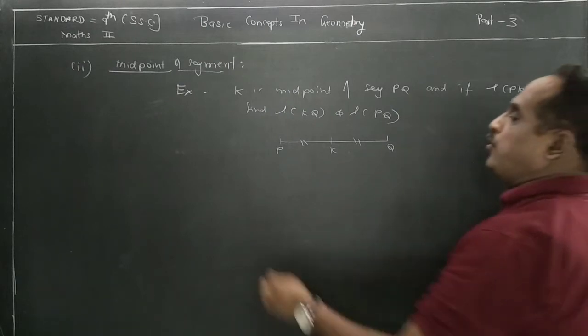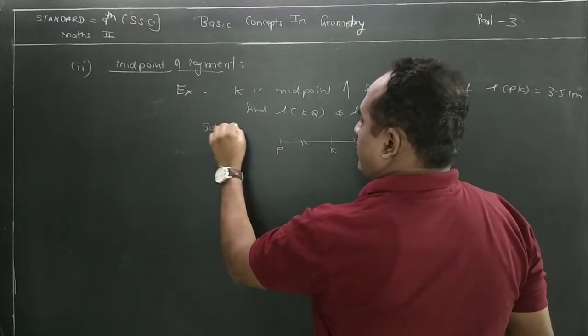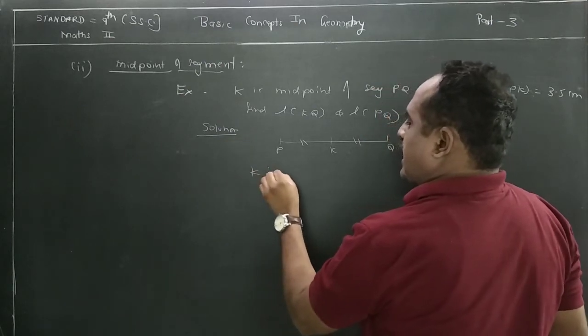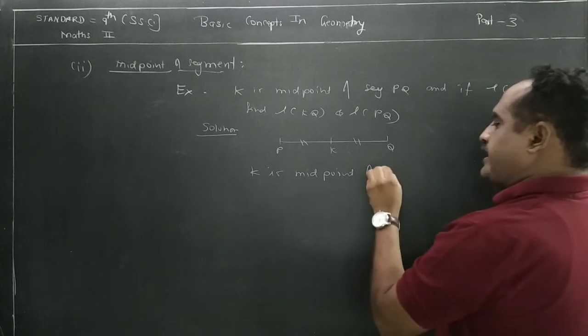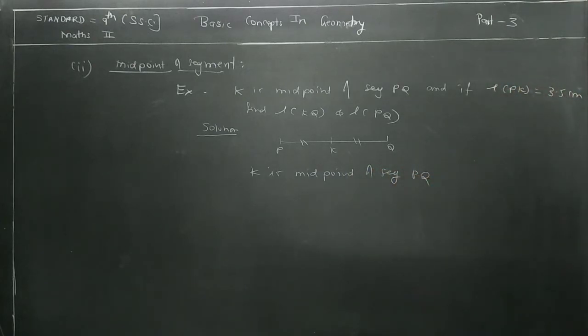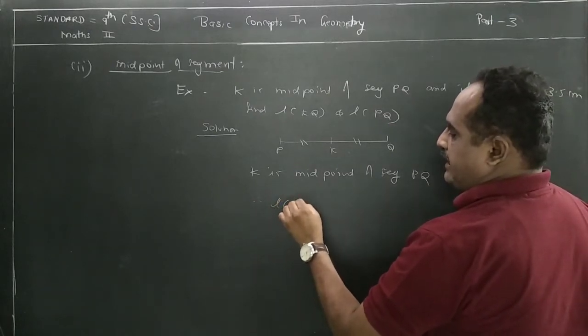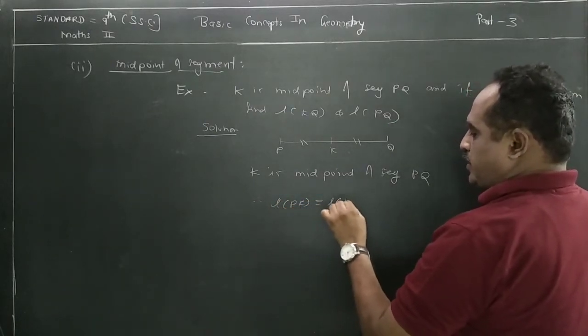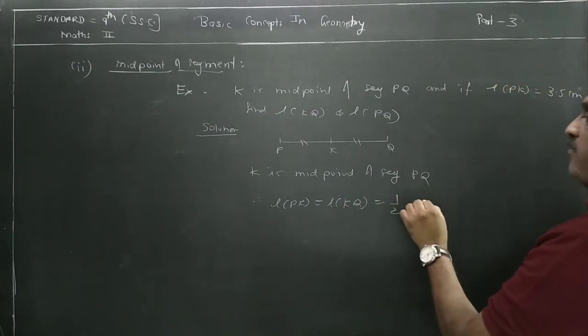So what you are going to do is write the solution. K is the midpoint of segment PQ. Therefore, I can write that length PK is equal to length KQ, and that will be half of PQ.